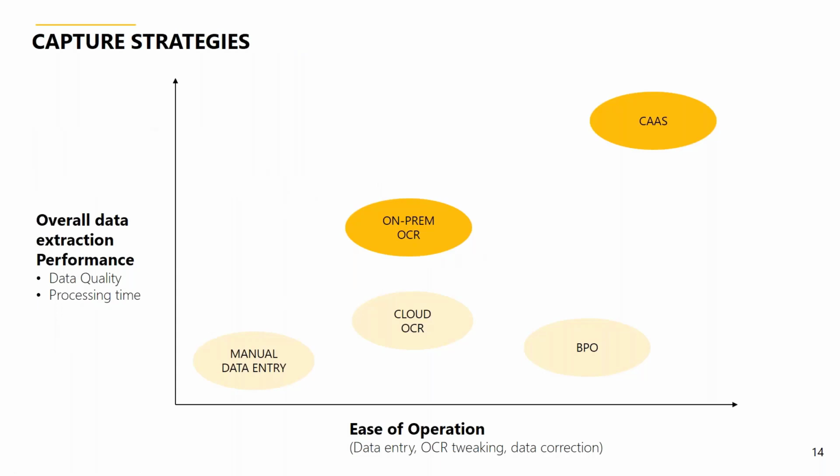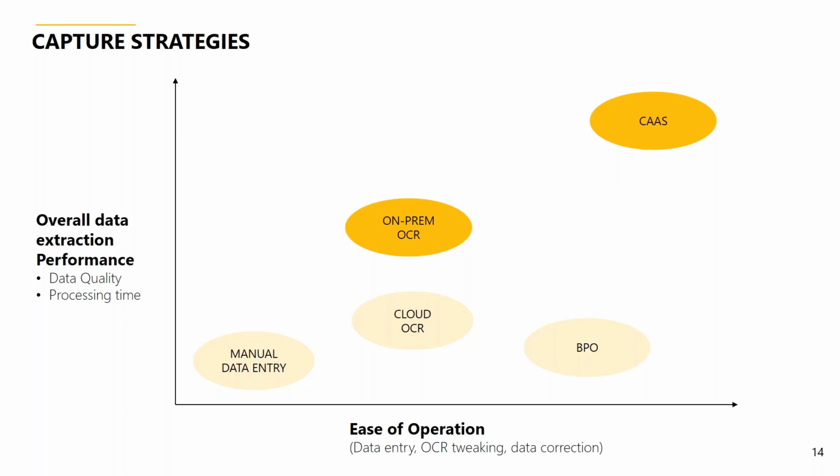The matrix on your screen represents the positioning of various capture strategies according to their benefits. The horizontal axis represents the ease of making capture, for instance the time and effort required to enter the data in the case of manual processing, or configuring the automatic reading engines or correcting errors in the data when you start looking at automated solutions.